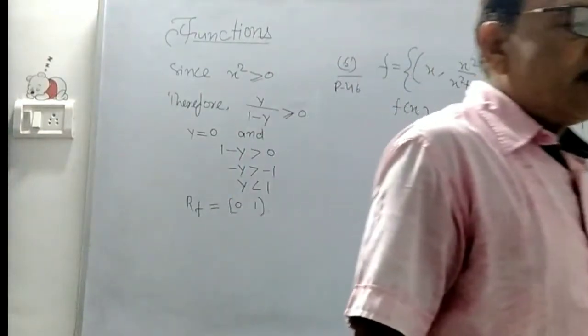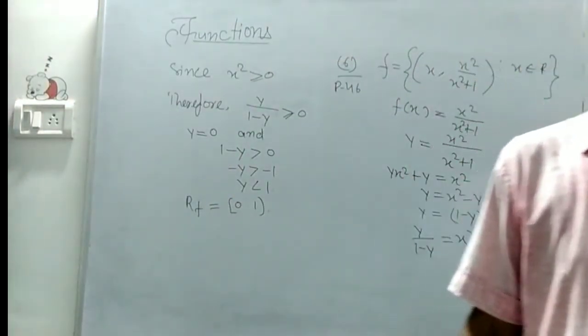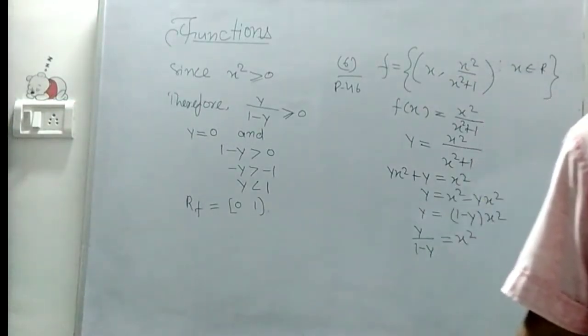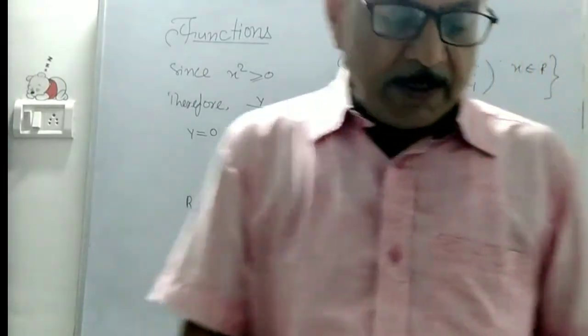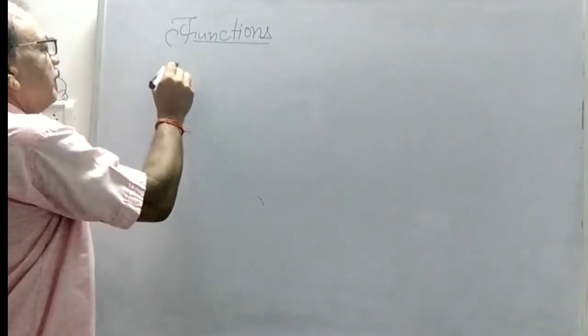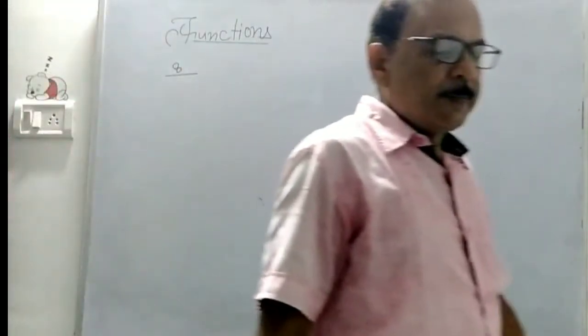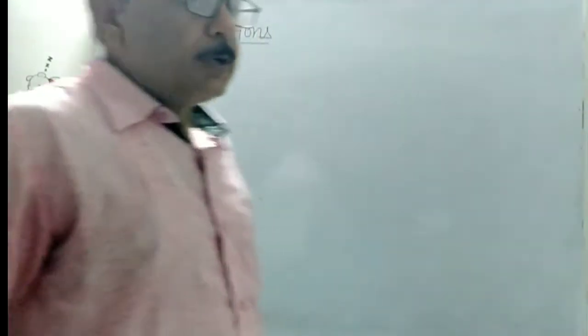The range of this function is everything except 0 and 1. So this is question number 6. So now, question number 8. चलिए देखते हैं क्वेश्चन नंबर 8 पेज 46. Question number 8 page 46.